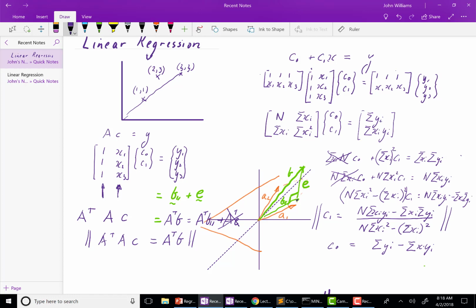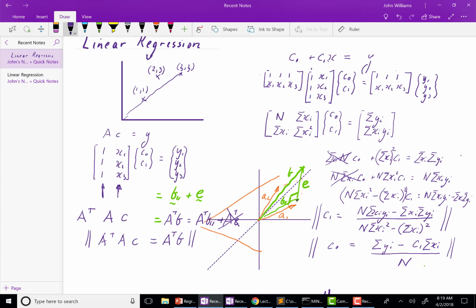No, sorry. This was sigma yi over here, and this was just sigma xi. Yes. So we take this across over here, and we get C1 times sigma xi, all divided by n. So these are our two equations.